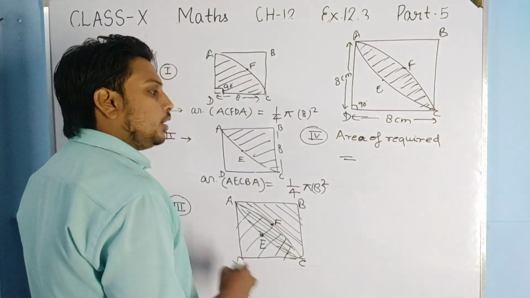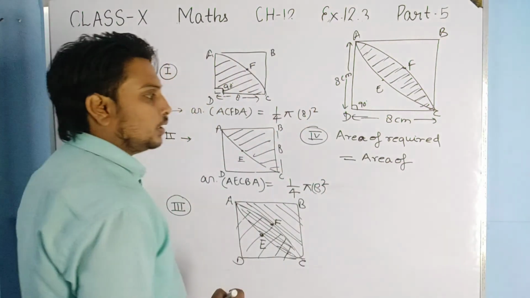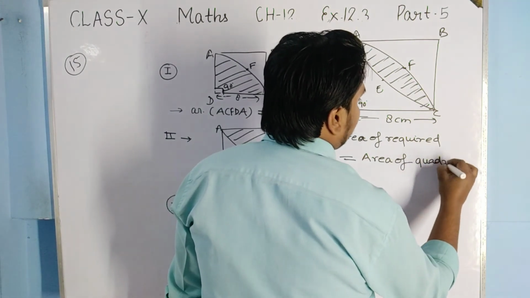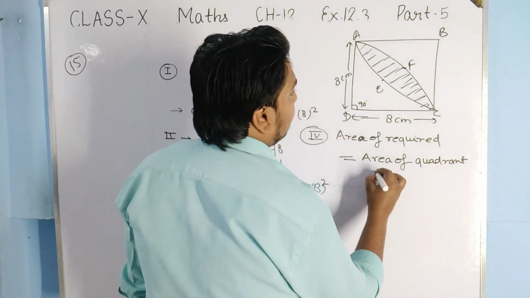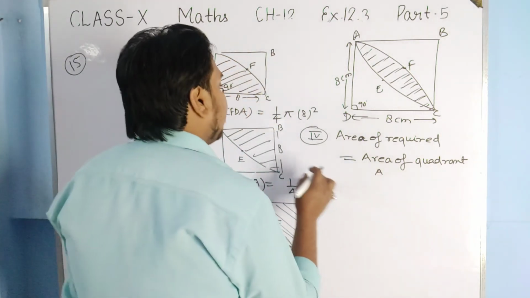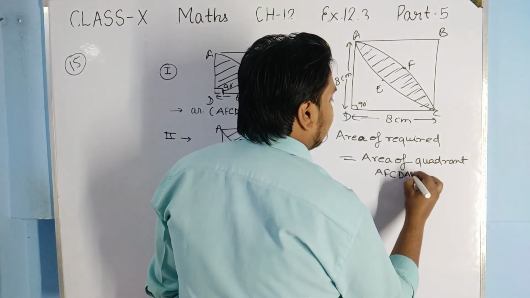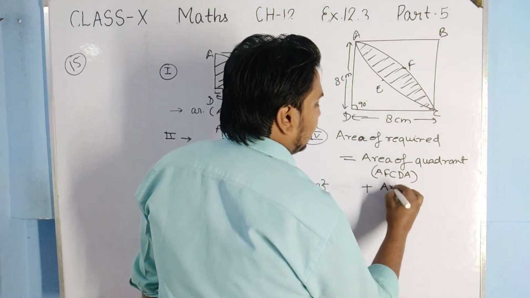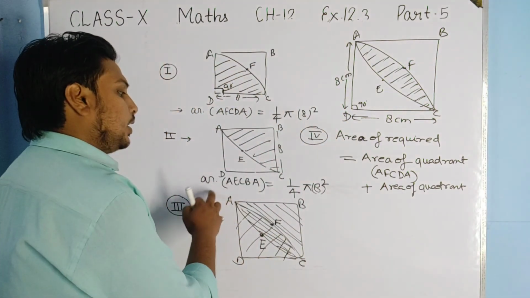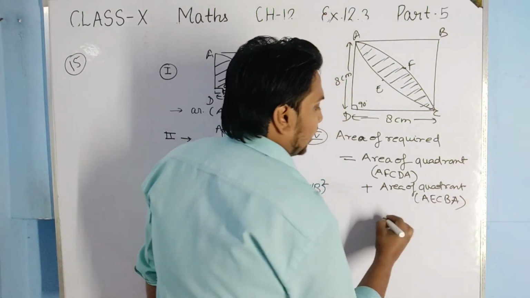It will be equal to the area of quadrant AFCDA plus the area of quadrant AECBA.